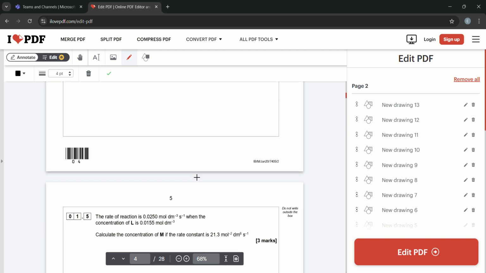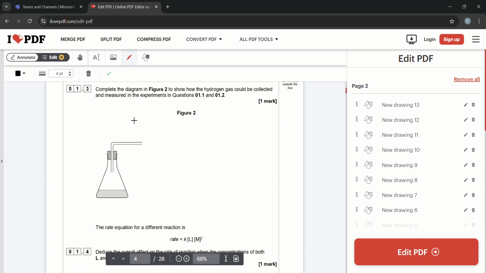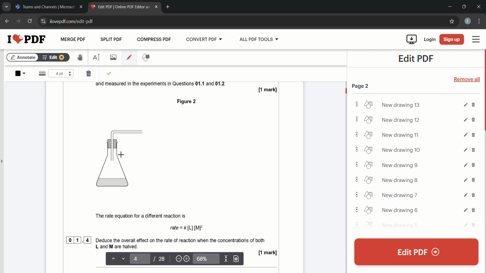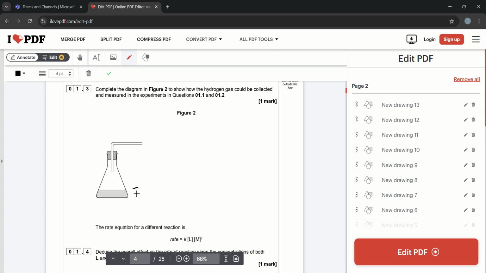1.3, complete the diagram in figure 2. So, show how hydrogen gas could be collected. So we've got the reaction mixture. Well, what is this piece of equipment called? It's called a conical flask.